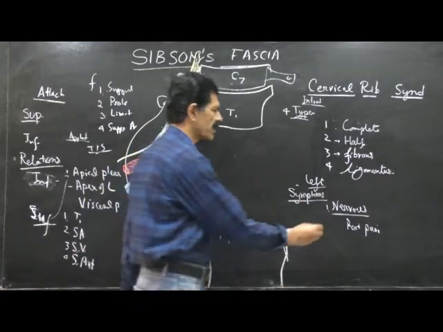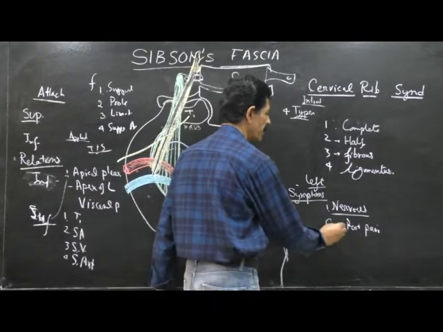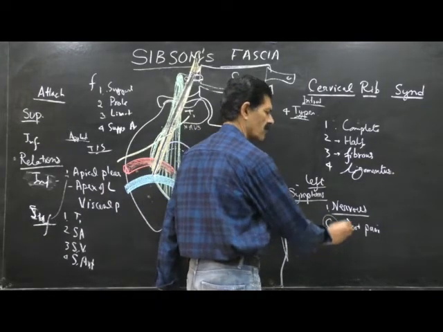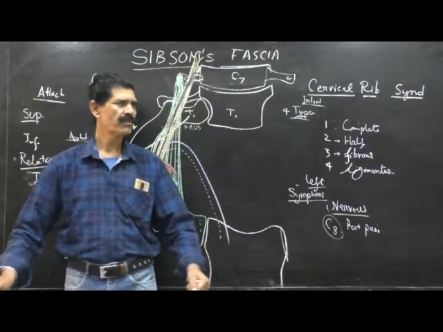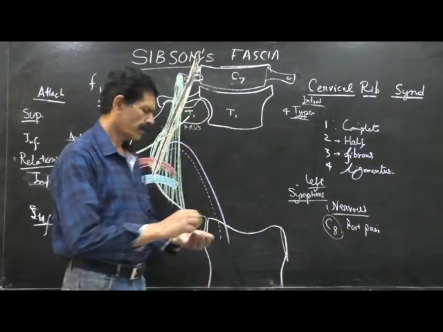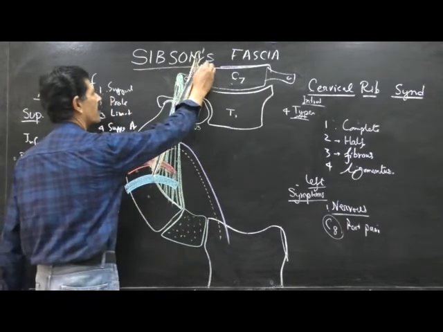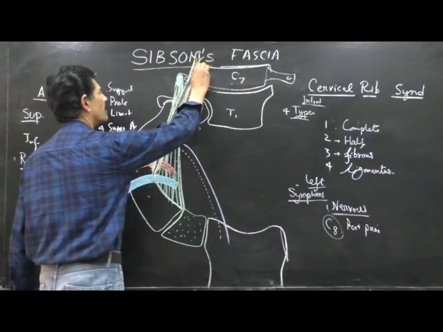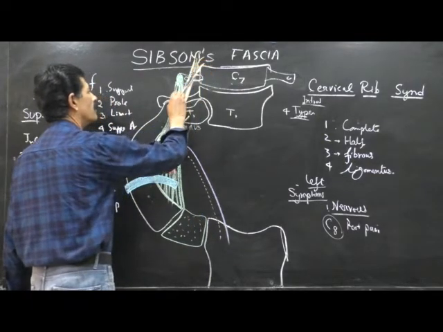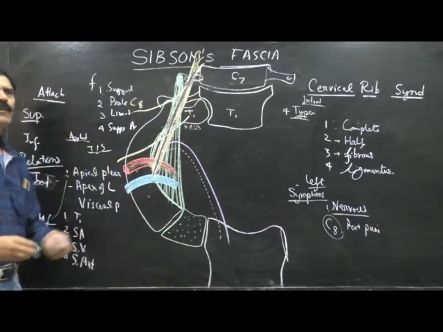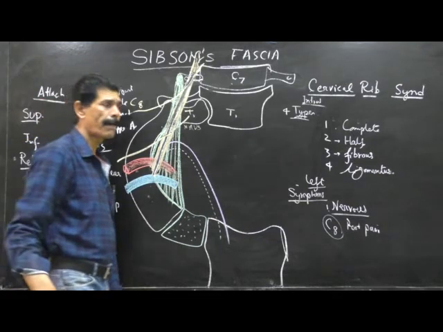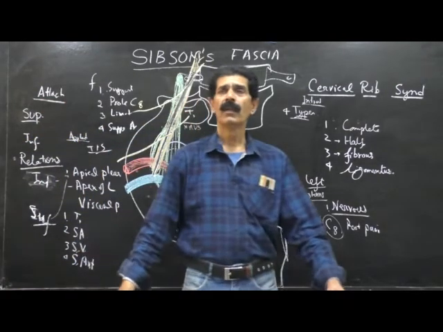Along with the T1, sometimes the C8 nerve will also be involved. The C8 and T1 are very, very close, because the C8 nerve is also lying over here. So both C8 and T1 may be involved in some people in the cervical rib syndrome.